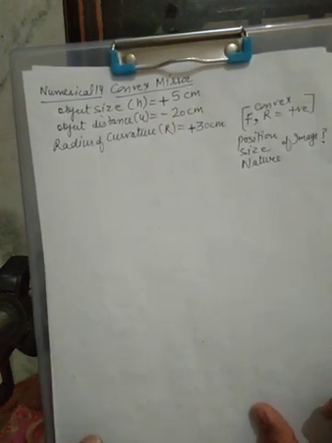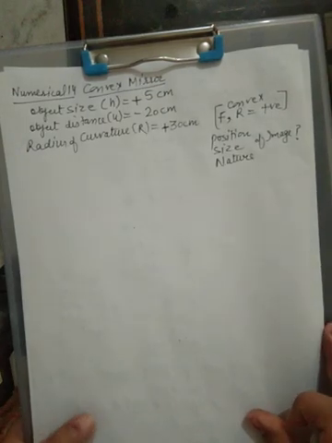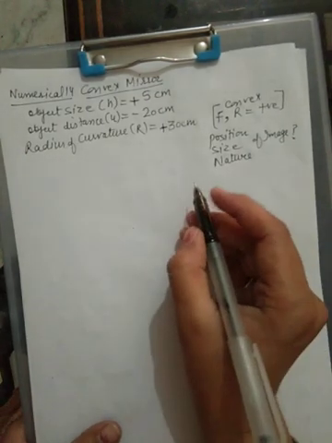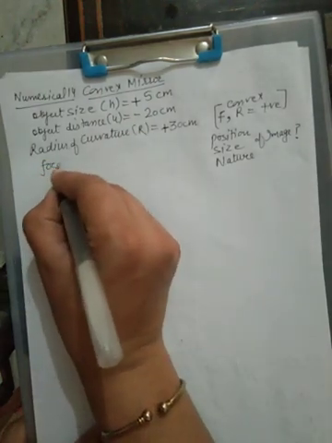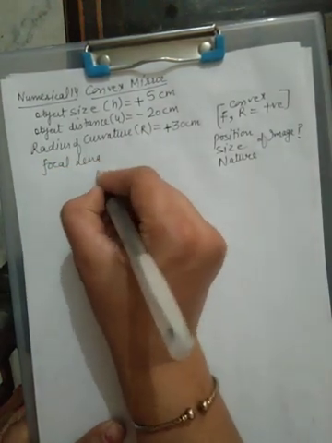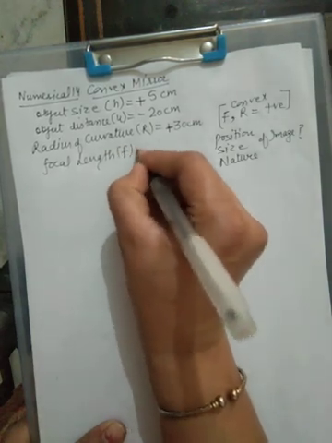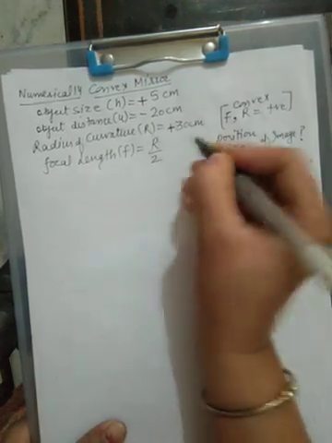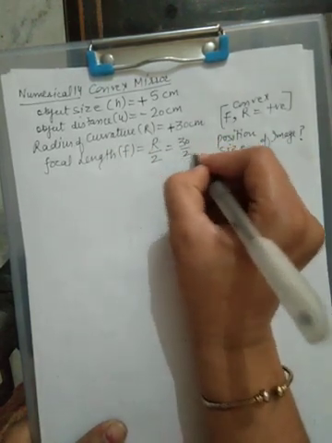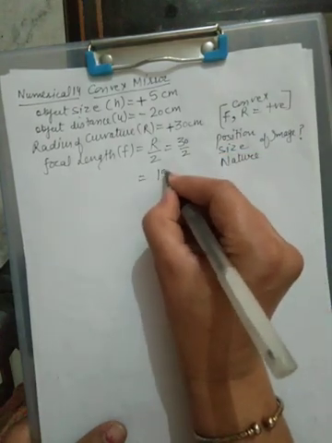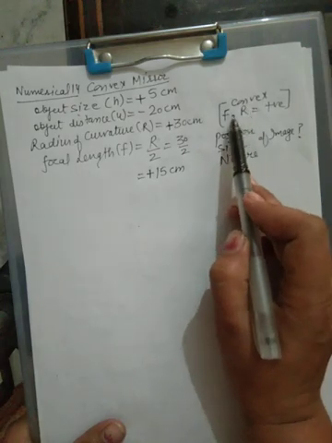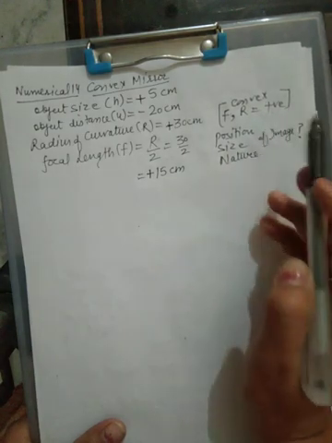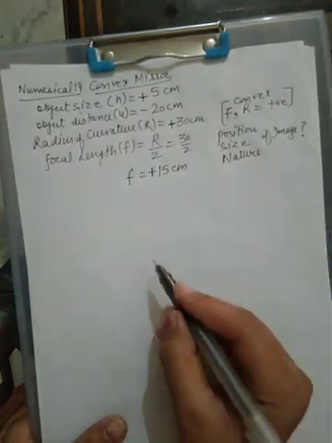Okay, so now if R is given to you, what is the formula for focal length? Focal length is denoted by F, that is R by 2, 30 by 2. So 15 centimeter, because for convex, focal length is positive, so F is positive.